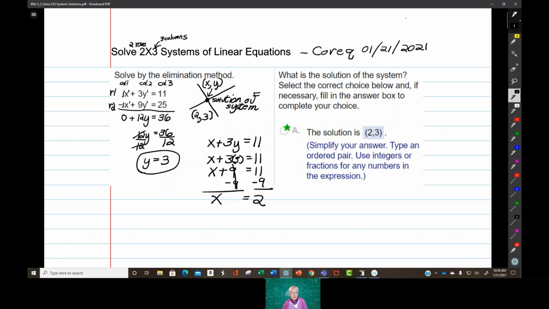And that is basically how you use elimination to solve a system of linear equations. In other words, straight lines. To find the point of intersection of two straight lines.